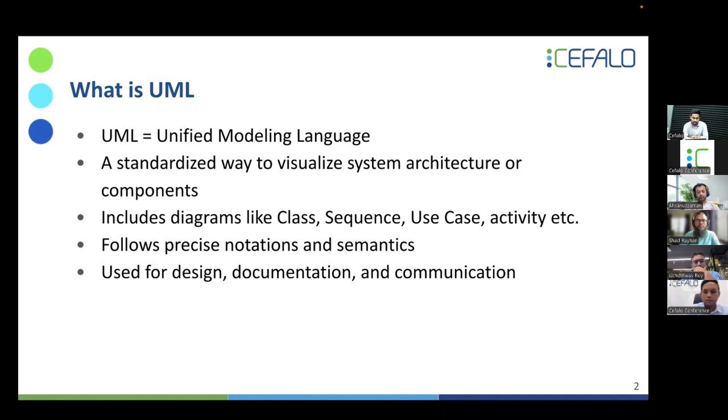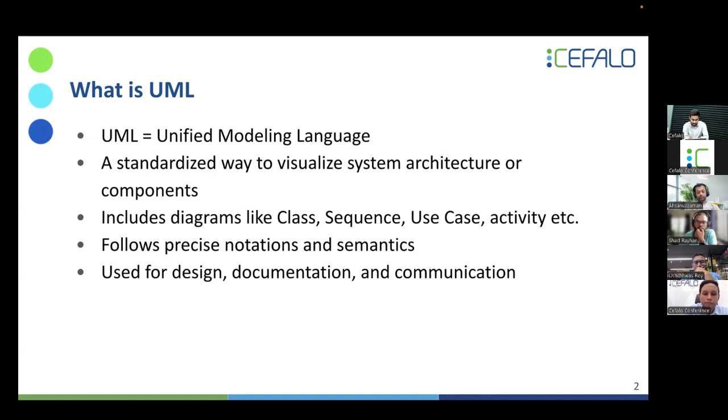UML contains a lot of other stuff like class diagrams, sequence diagrams, use case and activity diagrams, and lots of other diagrams too. UML has precise notation and semantics, because there are rules on how to present a UML and what to present.